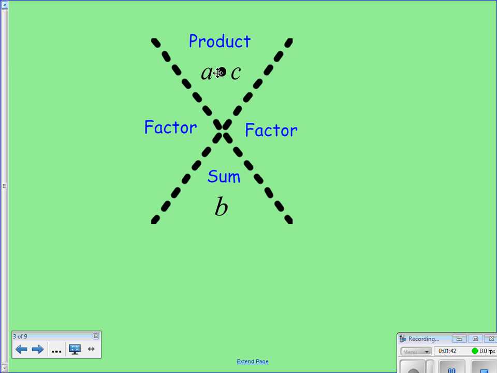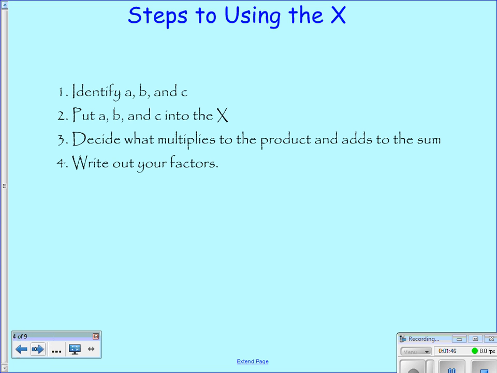So we're going to practice setting up and using this x. So here are the steps. Before you even start the problem, some of the problems will have you practice: if you have an x, can you just solve it? But for the most part, I'm going to be asking you to actually set up this x. So before you do that, identify A, B, and C. You can always look back at that note sheet to remember what A, B, and C are.